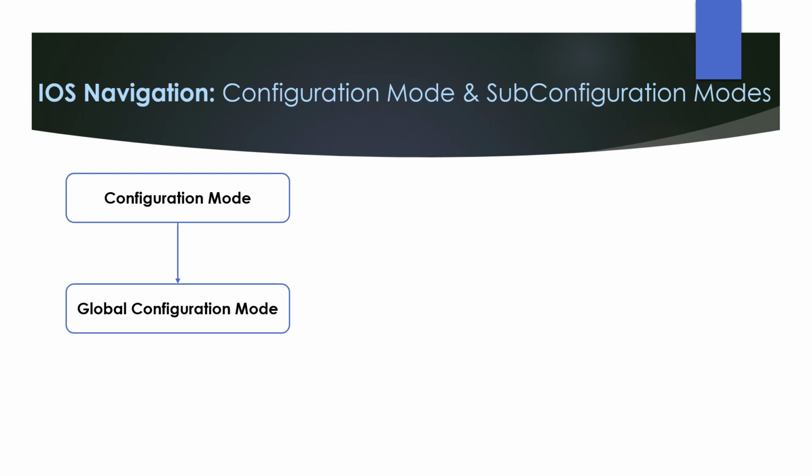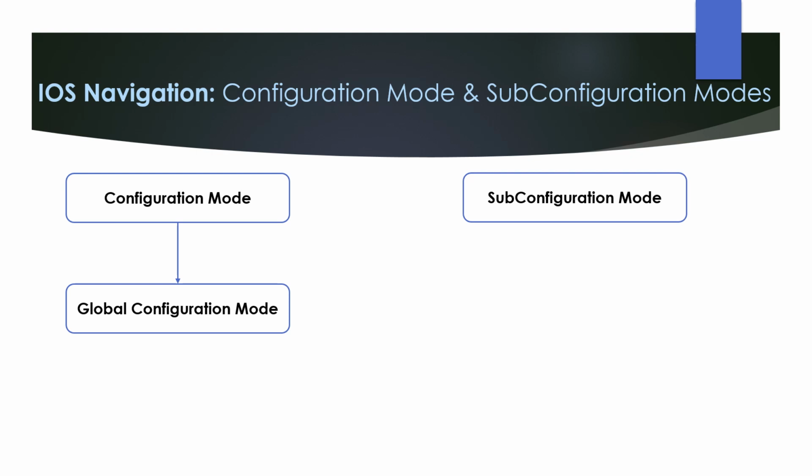Global configuration mode is identified by a prompt that ends with a hashtag after the device name. The global configuration mode is accessed before other specific configuration modes. From global configuration mode, the user can enter different sub-configuration modes.